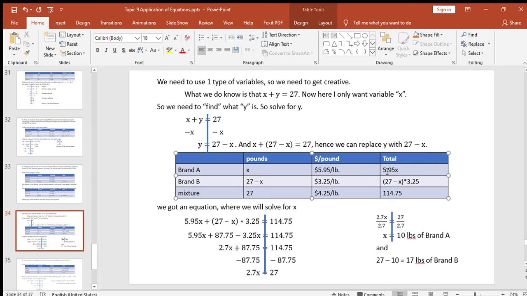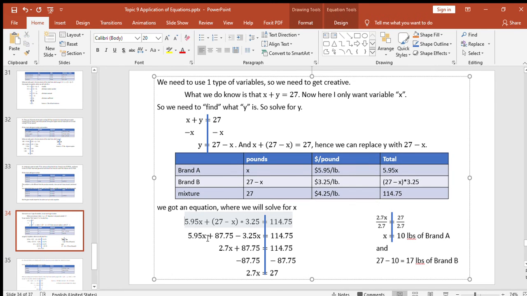Well, first things first, now we have a good equation: 5.95x plus 27 minus x times 3.25 should give us 114.75. So now we solve for x. Simplify the distribution, and then combine like terms, and you're going to get this equation.